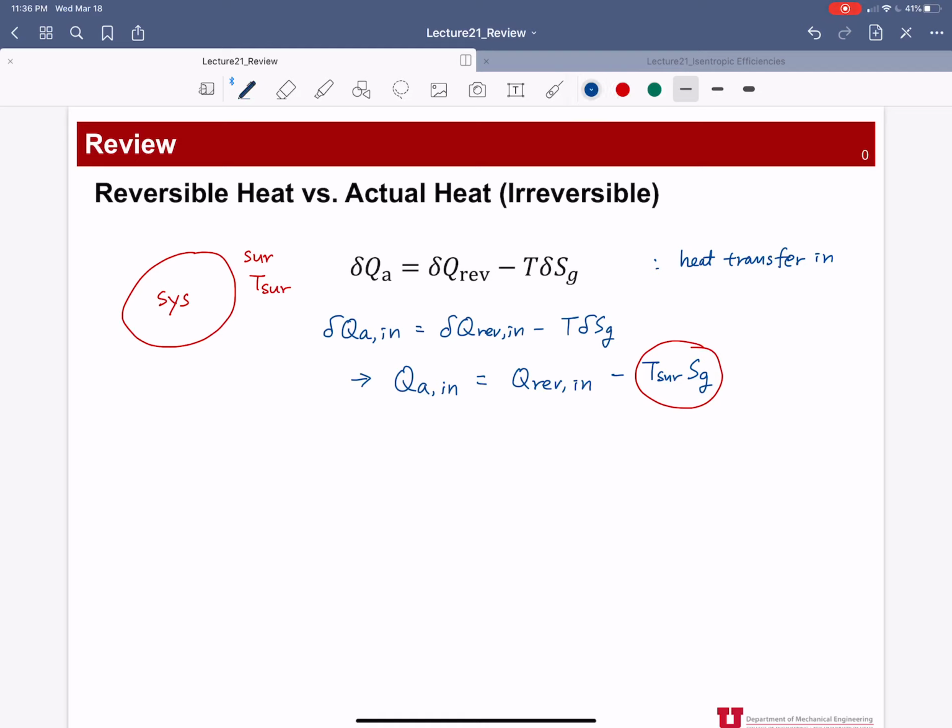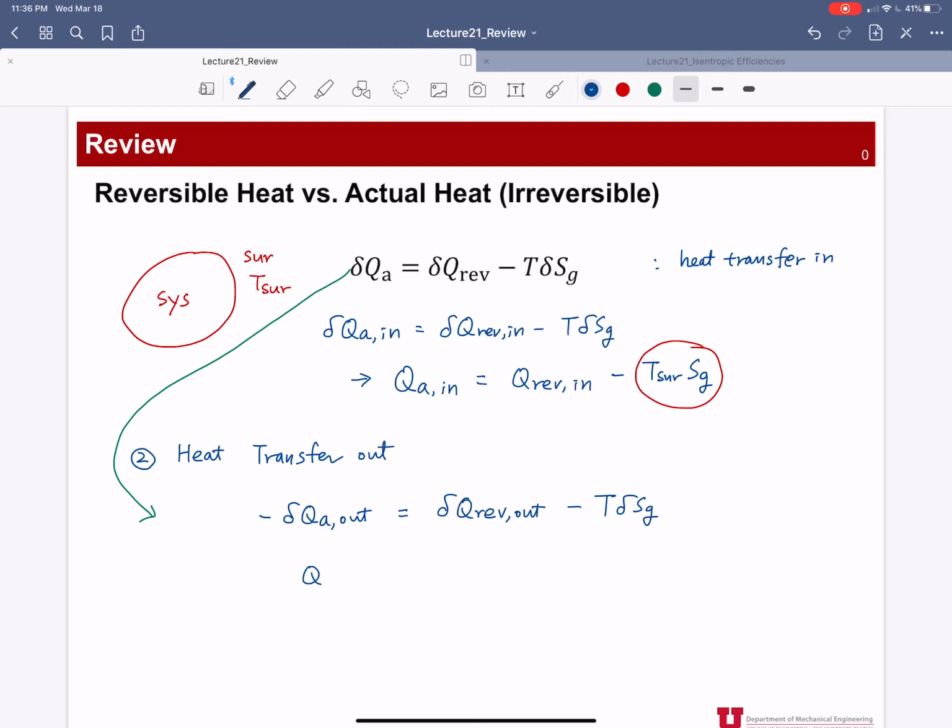Now, how about when your system loses heat to the surroundings? In other words, heat transfer out. Then we can rewrite that equation using a new sign, where minus delta Q actual out equals reversible heat out minus T delta Sg.